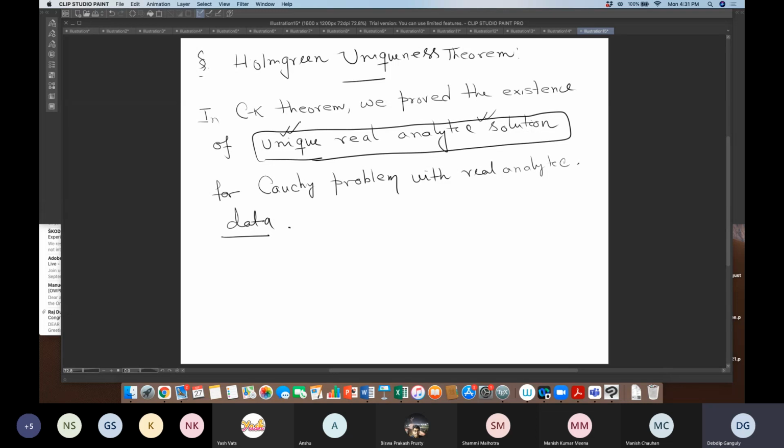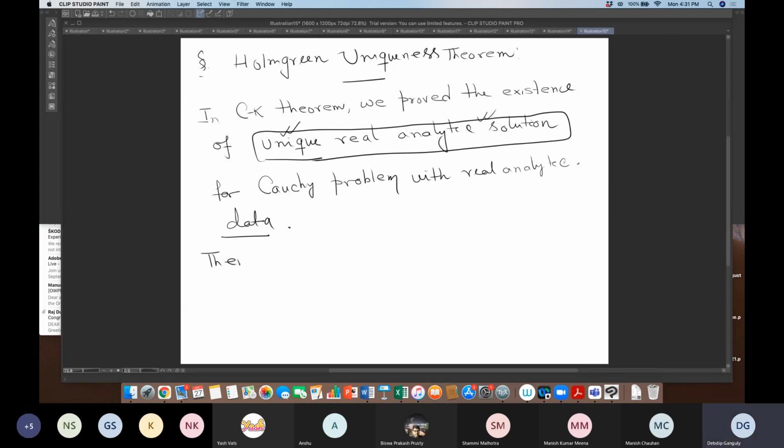Now my question is, once we have proved the uniqueness in the class of real analytic solutions, whether this type of PDE possesses some other solution, by which I mean solutions which are not real analytic, like C^m, some smooth solutions which are not real analytic. This question is answered by the Holmgren uniqueness theorem.